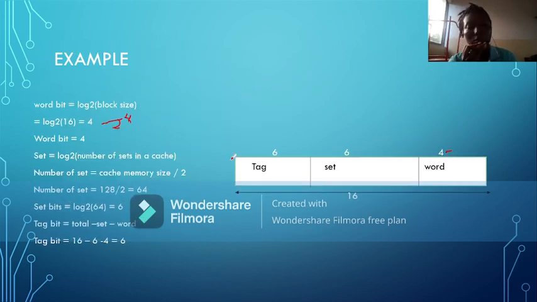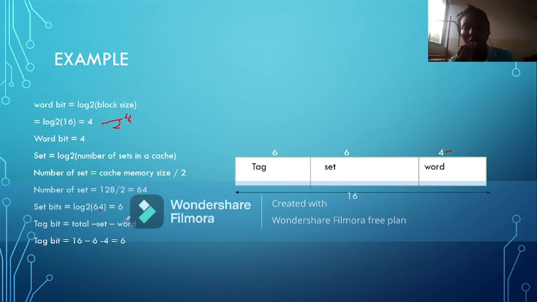We're actually given a two-way, so it's the cache memory size divided by 2. The cache memory size was given to us as 128. 128 divided by 2 gives us 64. So now we have the number of sets in the cache. Remember the formula is log base 2 of the number of sets in the cache. That was 64, so it is 6. That's what we are putting over here.